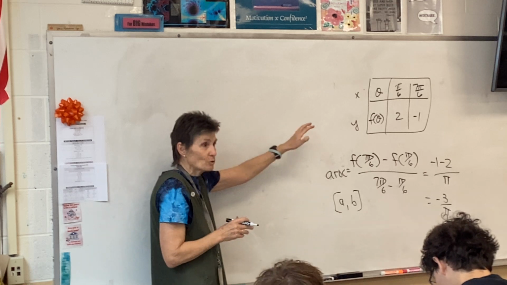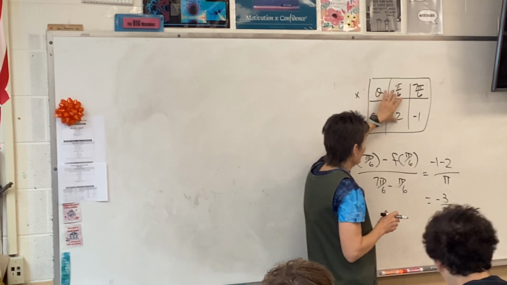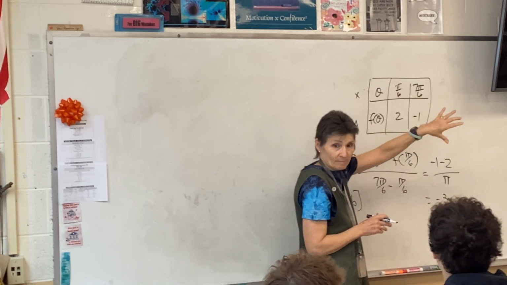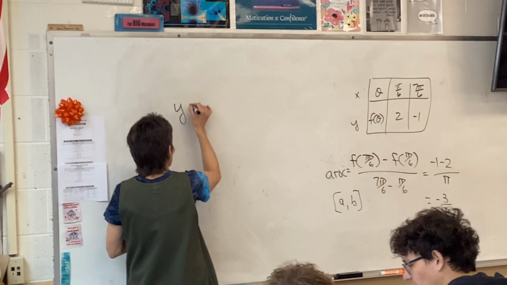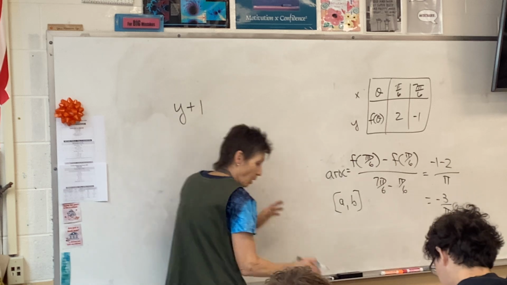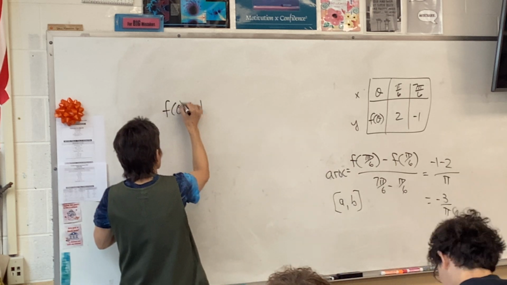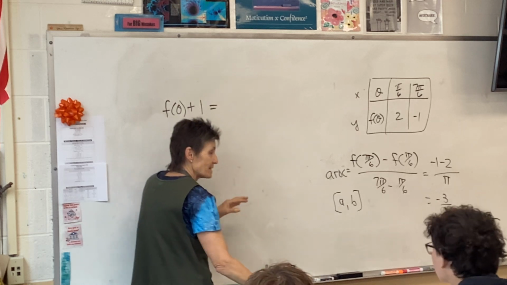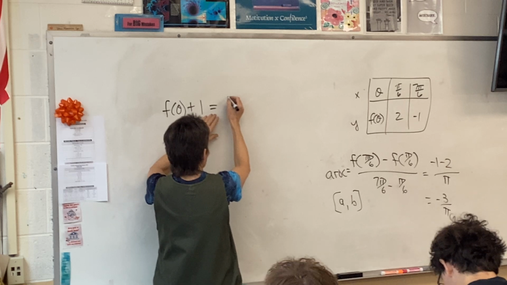Well, we pick one of our 2 points, right? Which one do you want to pick? The first one or the second one? Second one. All right, so you're gonna write y plus 1, and I should be putting f of theta plus 1, that's y plus 1, and what's that gonna equal?